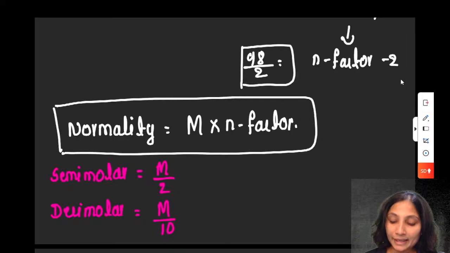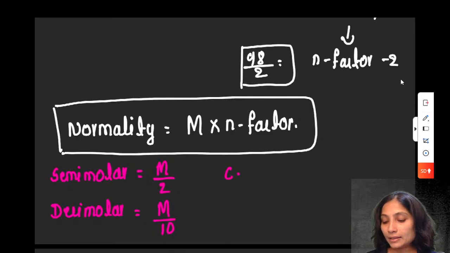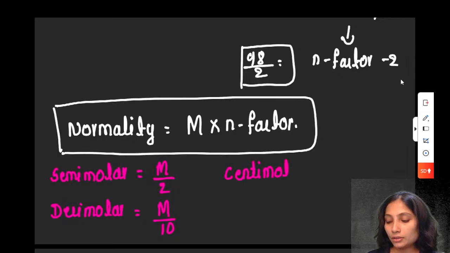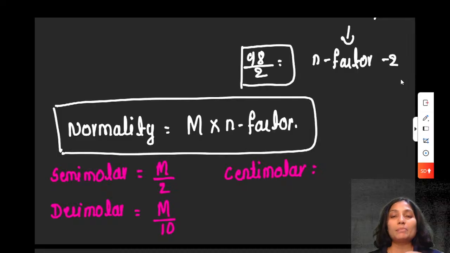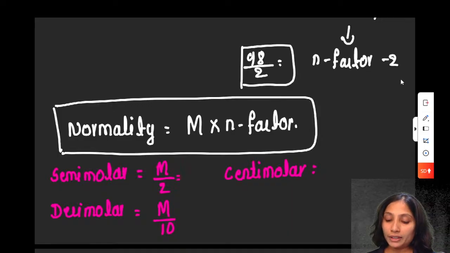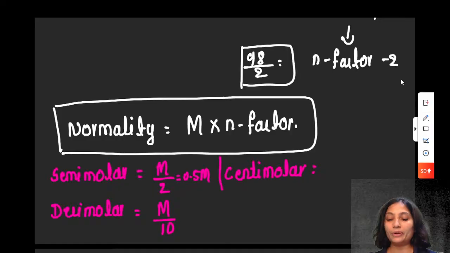And centimolar means, see, semimolar means 1 by 2 molar. What is 1 by 2? 0.5. That is 0.5 molar. You can take it like this also, 0.5 molar, if you are getting confused with 1 by 2 molar. 0.5 molar solution is called semimolar solution.